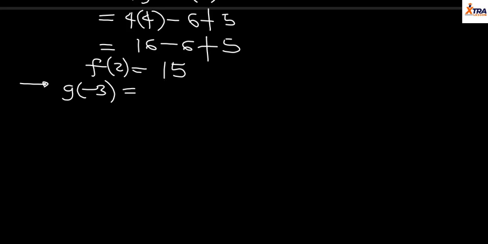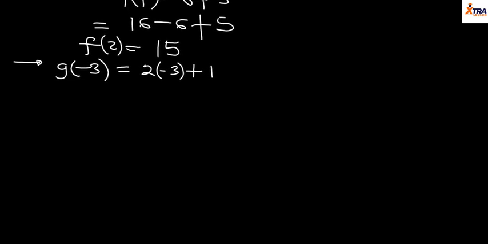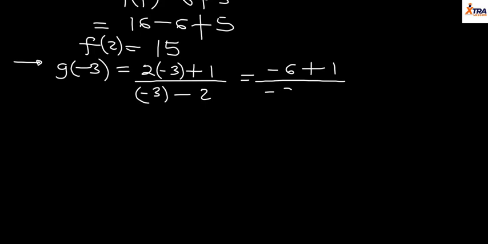So we use the g function, we have 2x plus 1, only that in this case we're not using x, we're using minus 3. So 2 times minus 3 plus 1 over, in this case we're not using x minus 2, we're using minus 3 minus 2. So that is what we're using to solve. I can break this down to give me minus 6 plus 1 all over minus 3 minus 2.